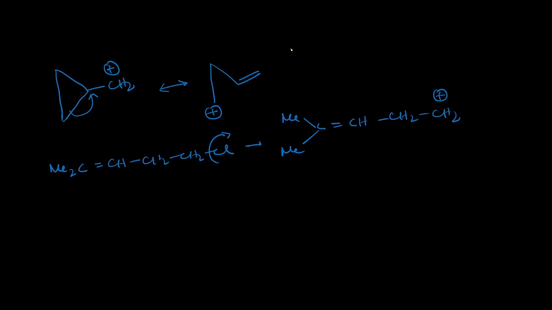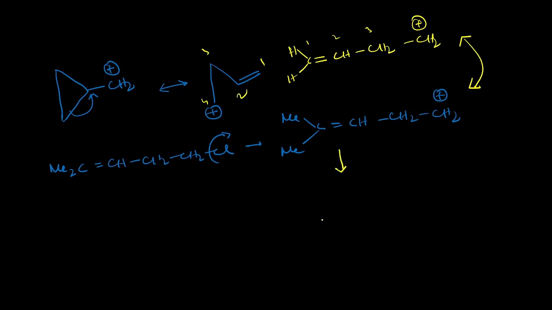And if we compare this with this one, double bond CH CH2, 1 2 3 4, this is 1, this is 2, this is 3, and this is 4, CH2 plus, we can see the similarity between these two. So if we have to draw the cyclic form of this, we will end up with this kind of situation. This is nothing but dancing resonance.